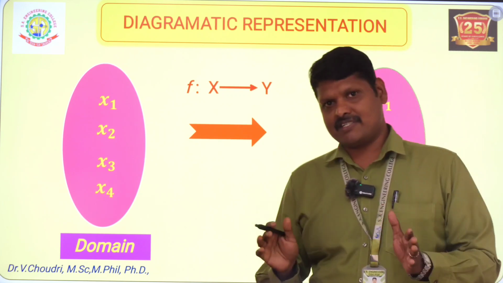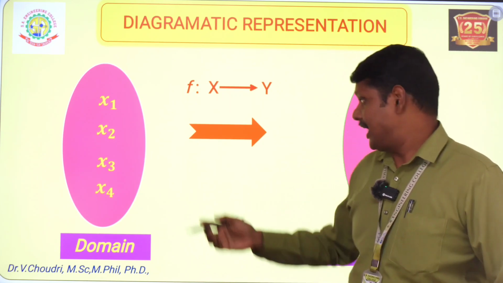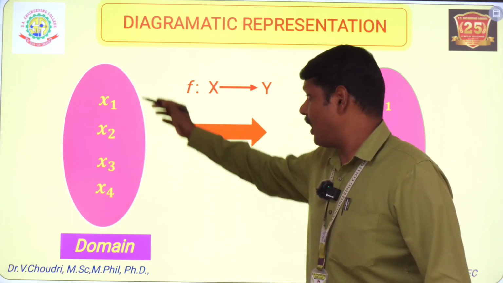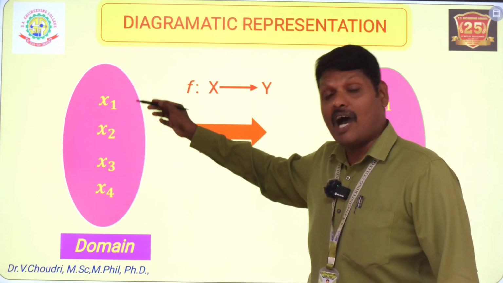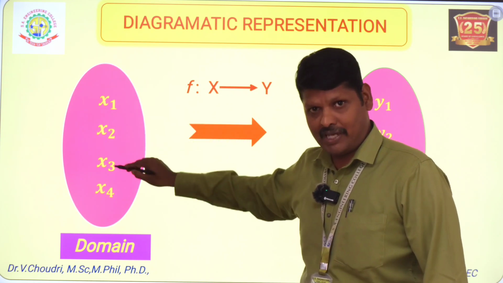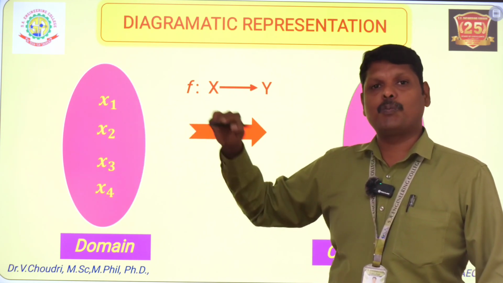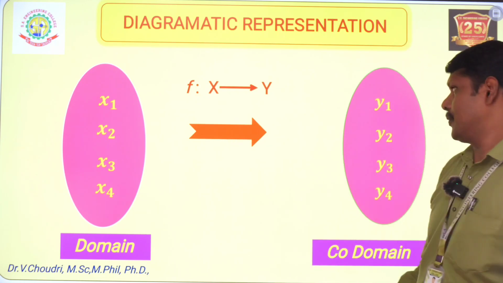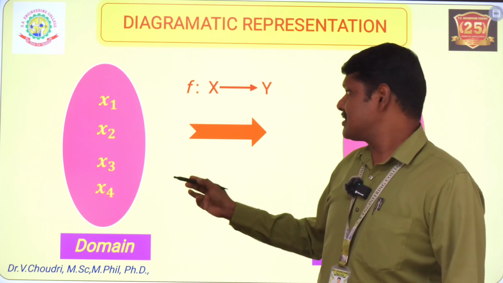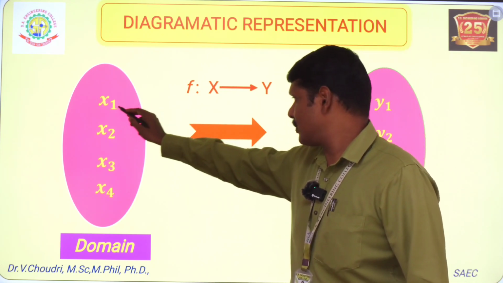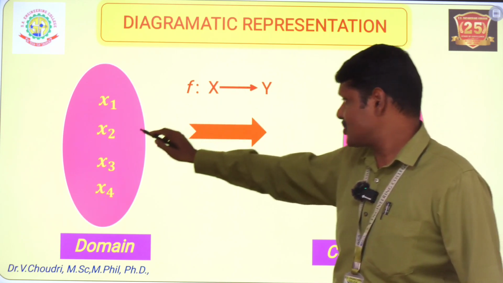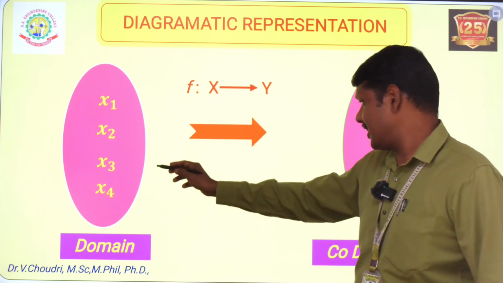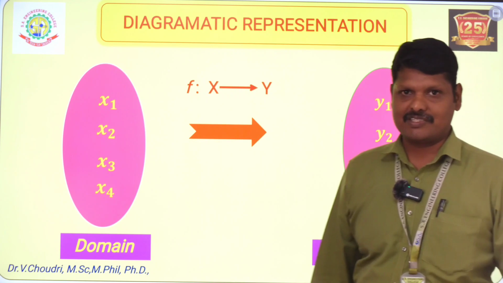So what is the function here? x1, x2, x3, x4 are input values. After substituting these input values, we can get some output values. These are y1, y2, y3, y4. Based on the relation, x1 relates with y1, x2 relates with y2, or x3 relates with any of the elements. Okay.